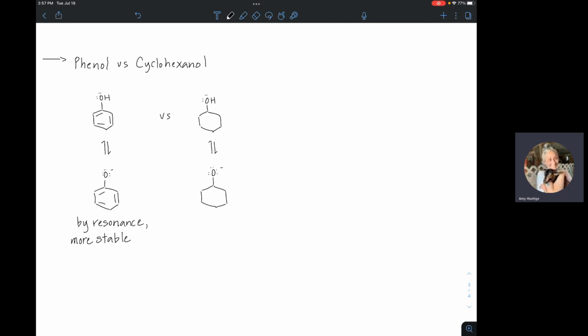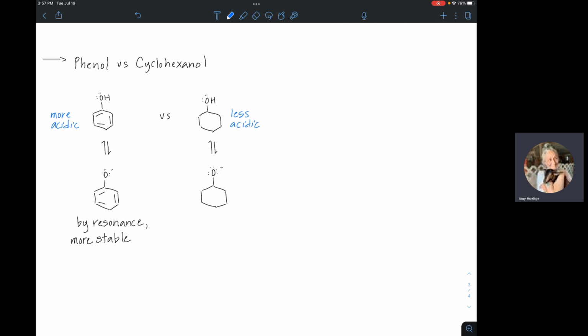So what that means is it's less reactive. So phenol, creating a more stable conjugate base, is more acidic than cyclohexanol. So in other words, the pKa is going to be lower for phenol than it will be for cyclohexanol.